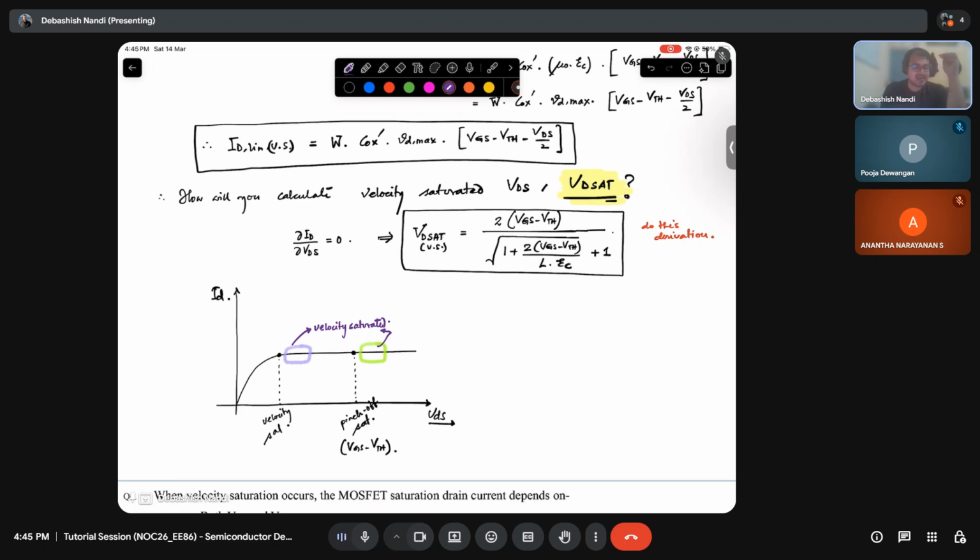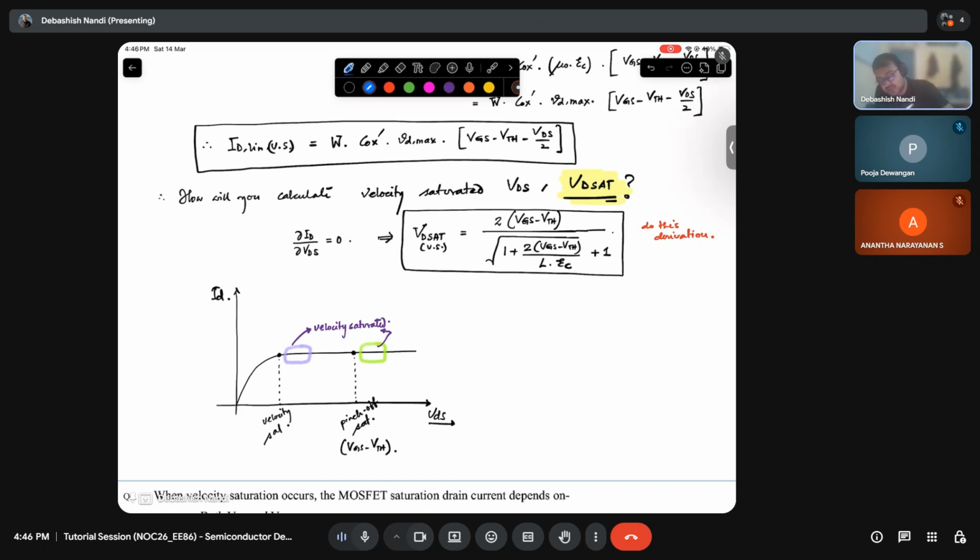So that current level will be determined by the velocity saturation level, which without velocity saturation was determined by pinch off saturation. That is why we were getting the square law, right?